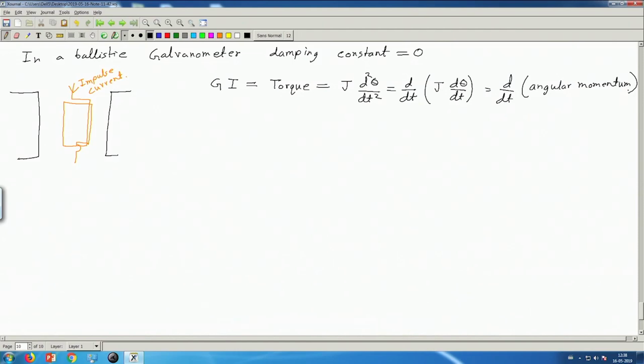Okay. Now we know that this I, which is a function of t, is impulsive, so it flows for a very short duration, say dt.